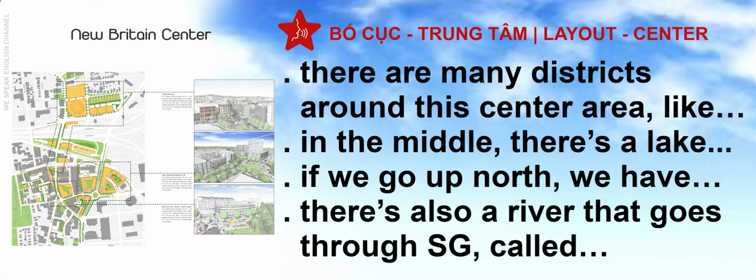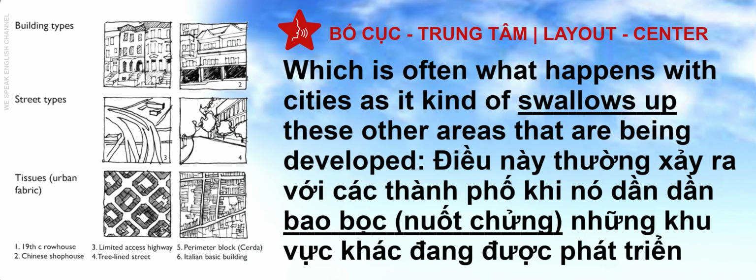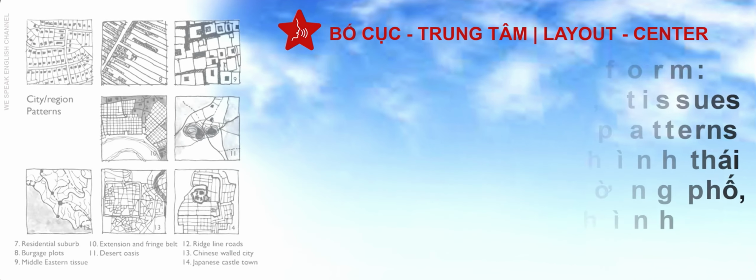If we go up north, we have... There's also a river that goes through Saigon, called... Which is often what happens with cities, as it kind of swallows up these other areas that are being developed.